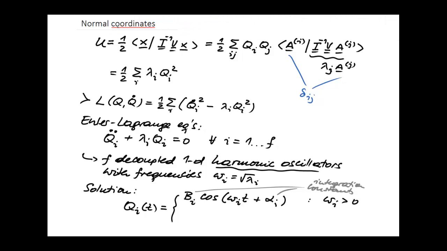You can generalize the whole discussion that we have made so far and include the case where the equilibrium is not a unique minimum, but you allow that one or several of the eigenvalues of this matrix T inverse V can also be equal to 0.